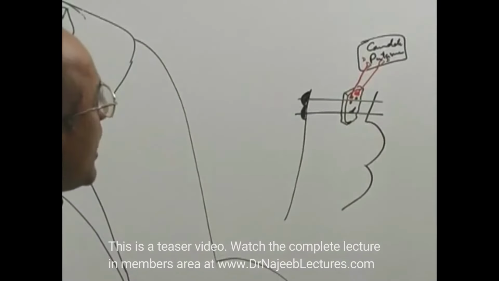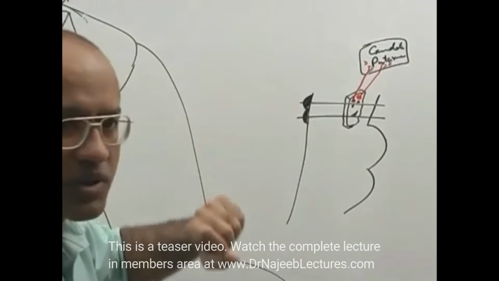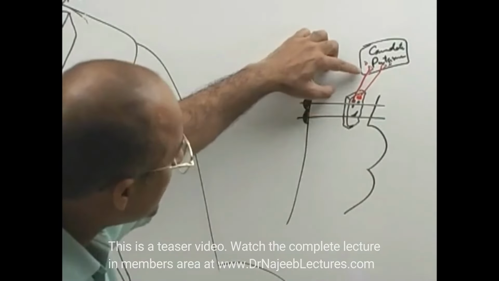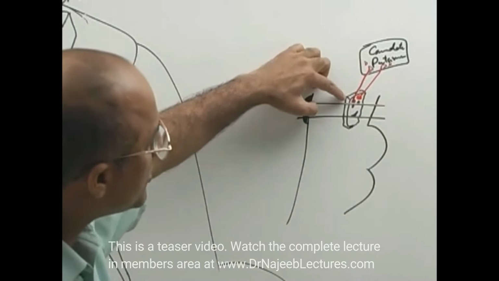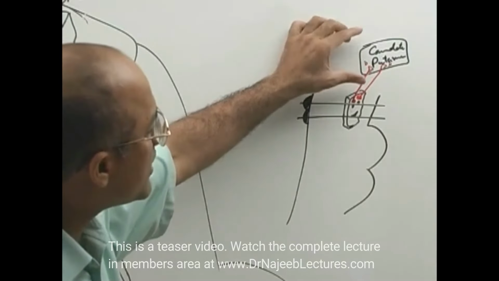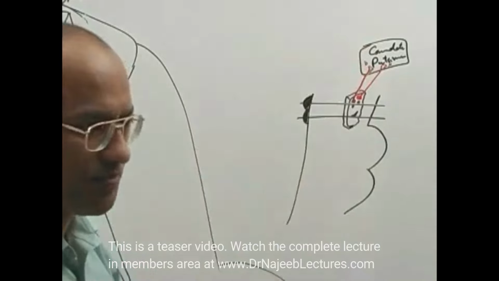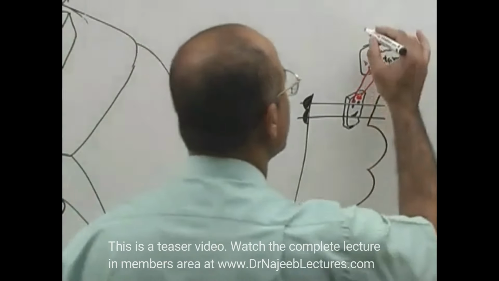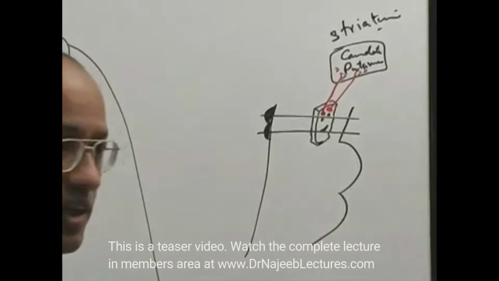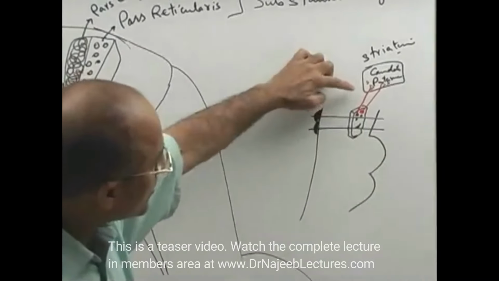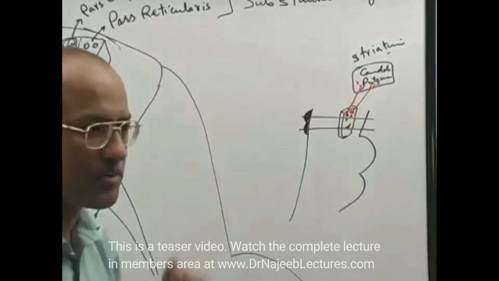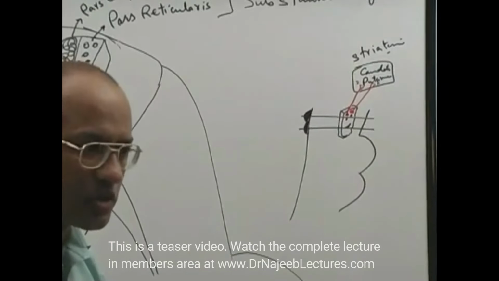These are called dopaminergic pathway. Now, this dopaminergic pathway is extending from the substantia nigra up to the caudate and putamen. Caudate and putamen as a group are called striatum. This we will study later. So due to this reason, this dopaminergic pathway is called nigrostriatal pathway.